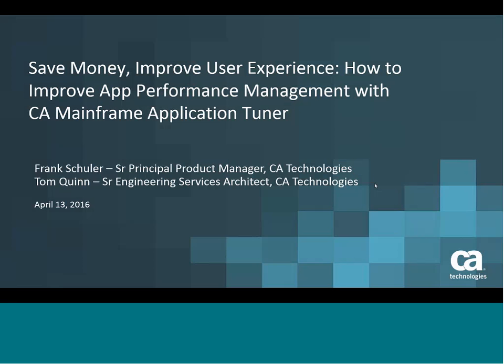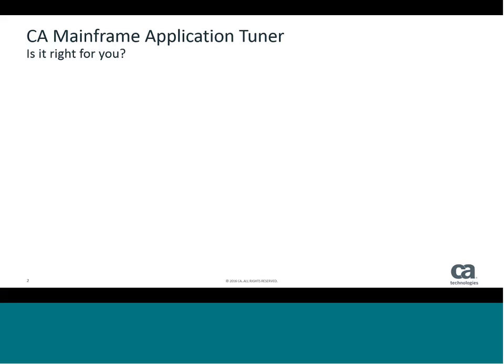Now, to get started, we are very excited to be presenting to you on CA Mainframe Application Tuner, or we just call it CA MAT for short. There are truly multiple ways in which this tool could be the right fit for you and provide great value, whether you're approaching this from an application development perspective or from a mainframe operations perspective.